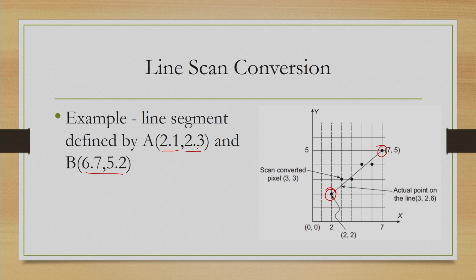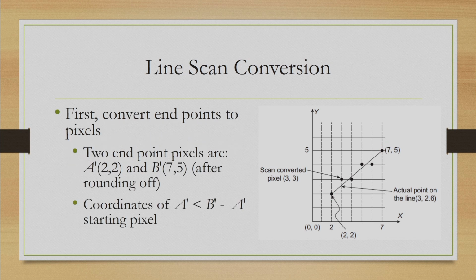So, we have to map it to the nearest pixel. For A, if we do the rounding off, we will get this pixel as the nearest pixel, and for B we will get this one as the nearest pixel if we perform the rounding off.